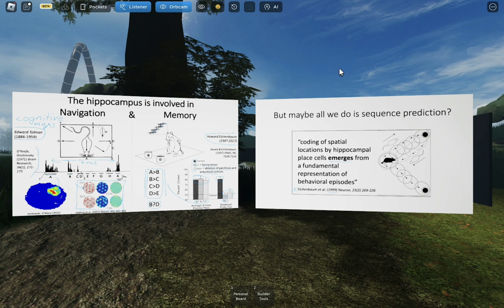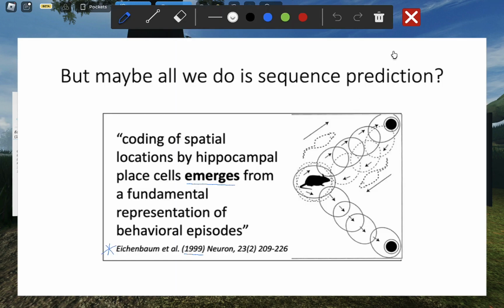And then in this little picture, you can see a cartoon of a behavioral episode where the rodent starts here in the center and moves towards one of the, in the case of his experiments, it would be like BD, for example. Or you could think of these as different episodes.